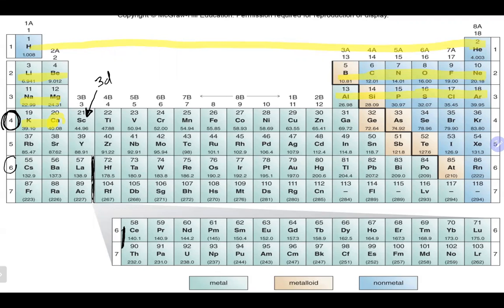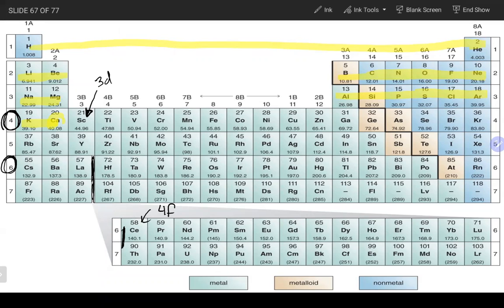Which is period 6. And these are the F's on the bottom. And the F starts on period number 4. It is 2 behind the period number. So there are a couple places where if you're not careful, you will get the wrong electron configuration. If you do the zigzag thing, you should probably always get the right electron configuration.